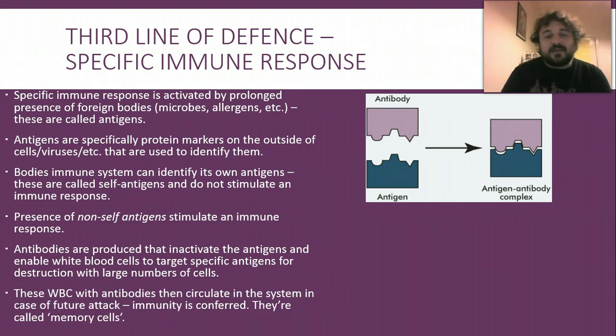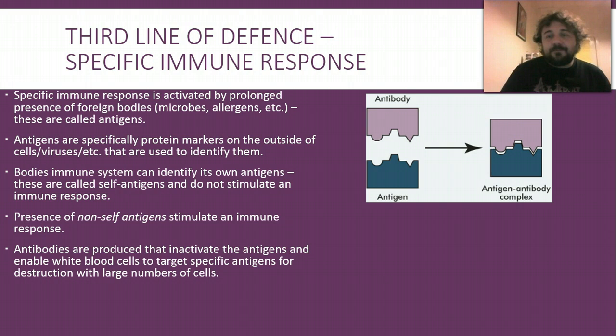So with these white blood cells with antibodies, all right, so back up a step. Once the antibody is on the outside of the cell, white blood cells will attack it.